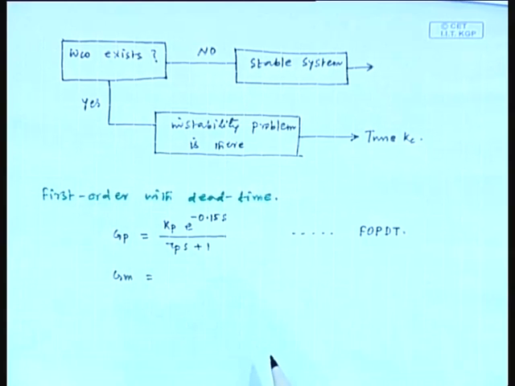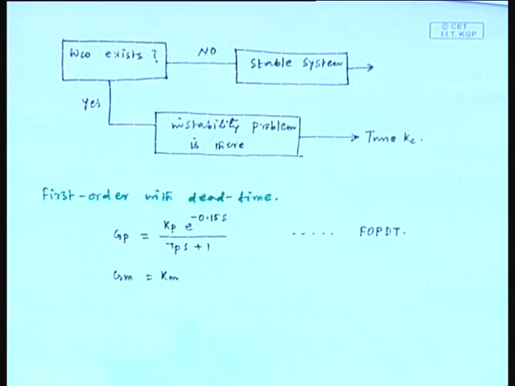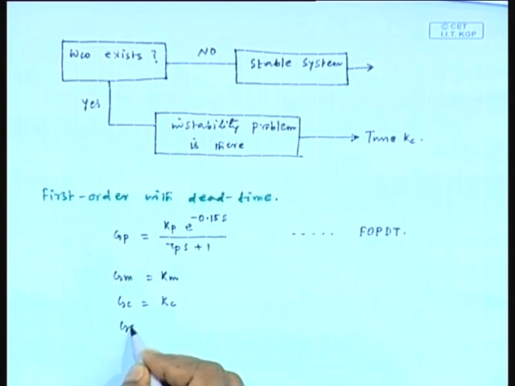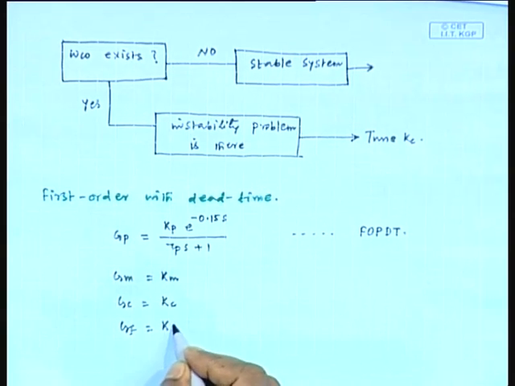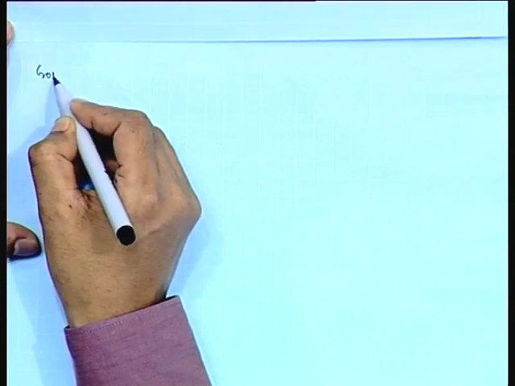Here we are considering Gm equal to Km. Controller is P only controller, so Gc equals Kc, and for the final control element Gf is equal to, suppose, Kf. Fine. So, these are the individual transfer functions for the example system. Now, we need to write the open loop transfer function. What will be the open loop transfer function?